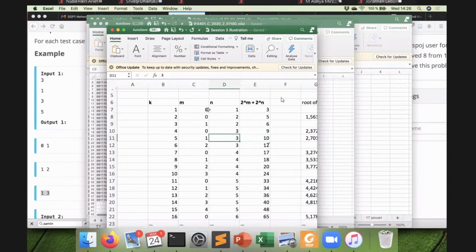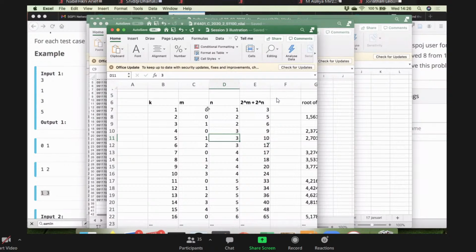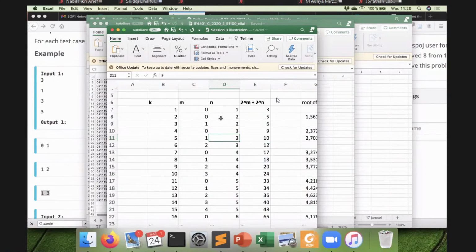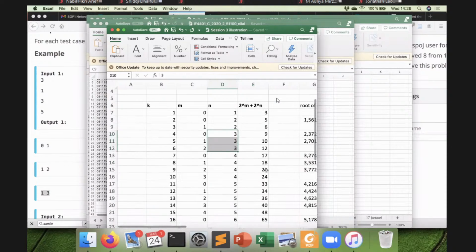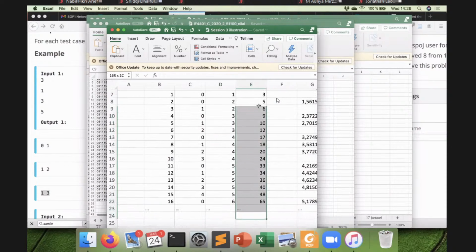As you can see over here, there is some pattern. m is always less than n and starting from 0. So n starts from 0, then plus 1, 3. So we have occurrences: for 1 we have only 1, for 2 we have 2, for 3 we have 3, for 4 we have 4, etc. For a moment, we don't consider this first.